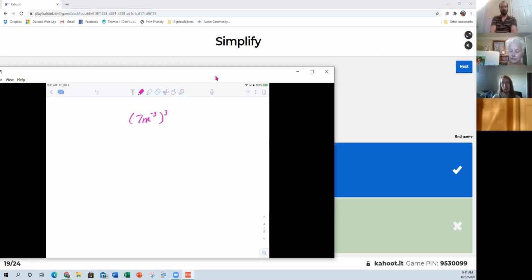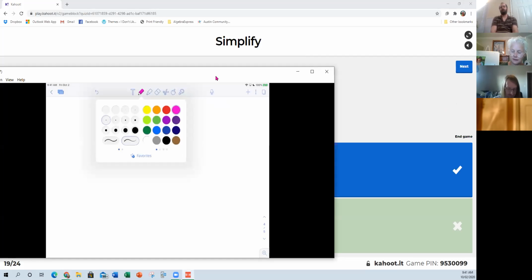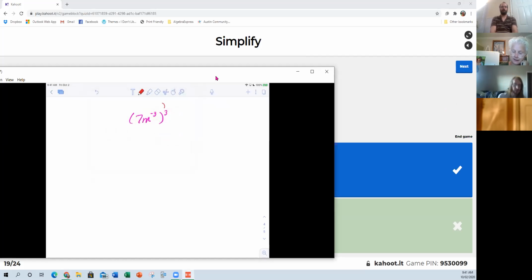So you're going to apply this 3 to everything inside the parentheses. So that's going to become 7 to the 3rd. And remember that if you've got a power on top of a power, you multiply that. So it's going to be m to the negative 6. That's like over 1.